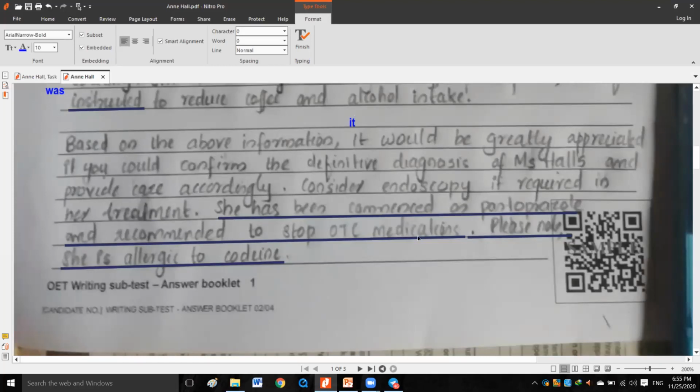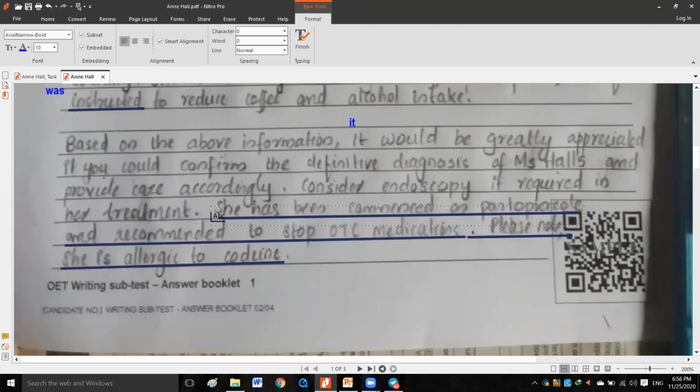She has been commenced on pantoprazole and recommended to stop over-the-counter medications. Please note, comma, she is allergic to codeine. Actually, it's incorrect to mention new information in the conclusion. The conclusion should be brief and not include new information.